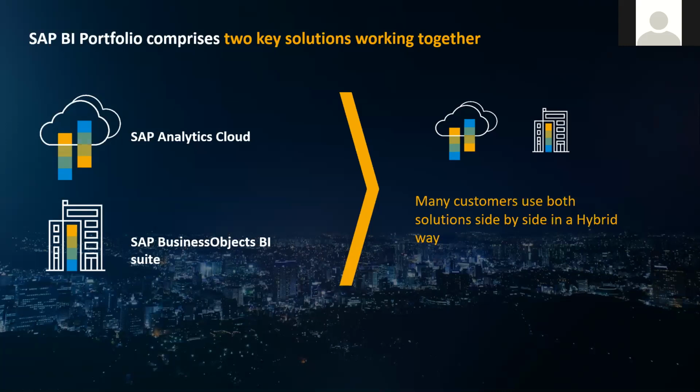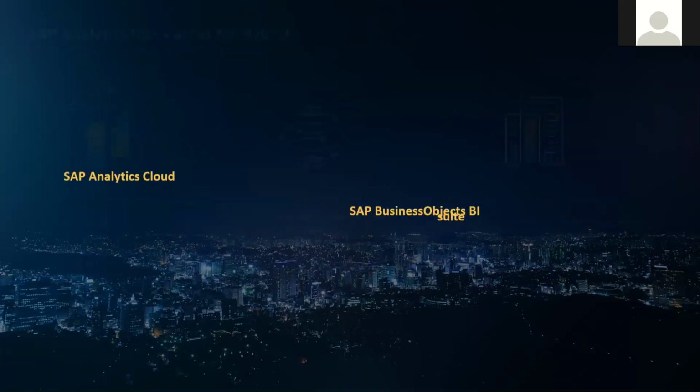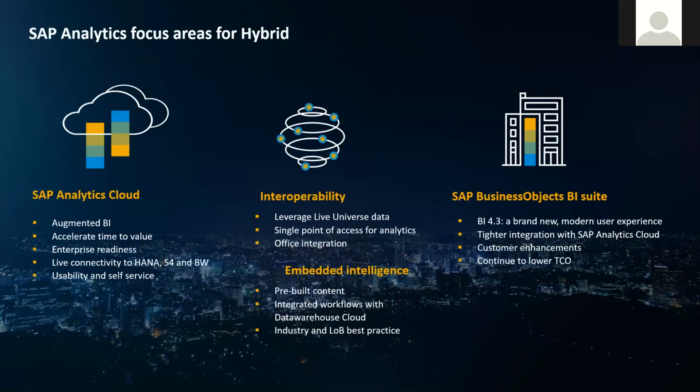Now, the whole thing about the hybrid approach is that each of these solutions have their own focus areas currently, right? For example, with SAP Analytics Cloud, we talked about the augmented analytics capability, and there's also the accelerated time to value in terms of the pre-built content that SAP Analytics Cloud comes with.